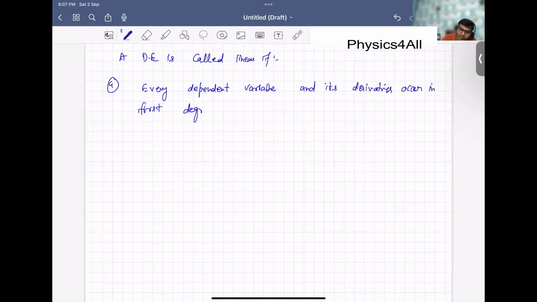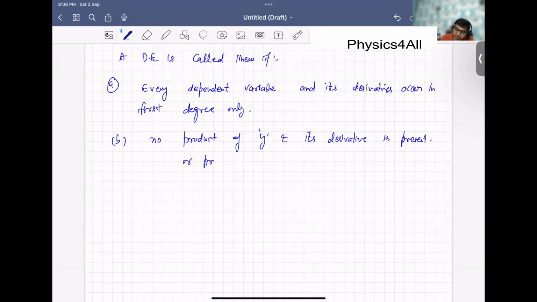There is no power involved of y prime square, y double prime square, etc. And the second thing is no product of y and its derivative, or product of different derivatives as well, are present.